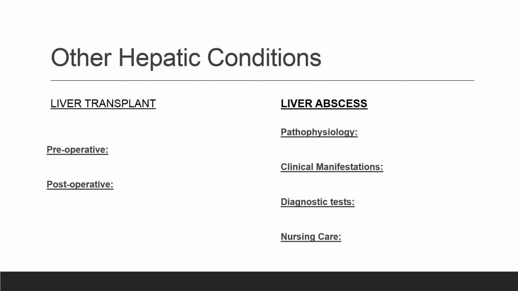Other hepatic conditions include those who experience a liver transplant. With liver transplant, you want to consider ethical dilemmas that could arise related to organ transplants in patients with liver disease due to life choices, such as alcohol abuse, substance abuse, etc.